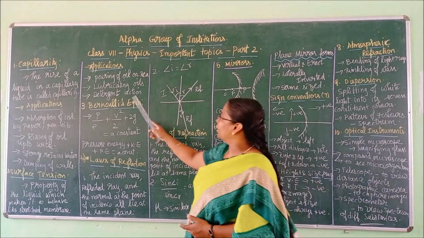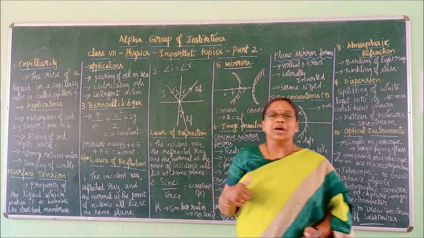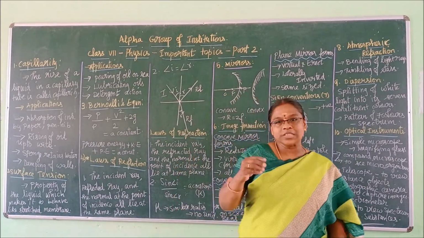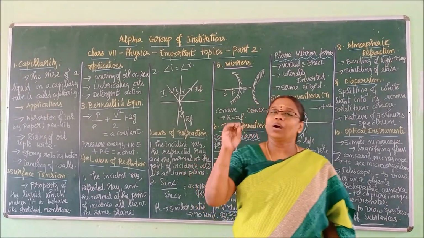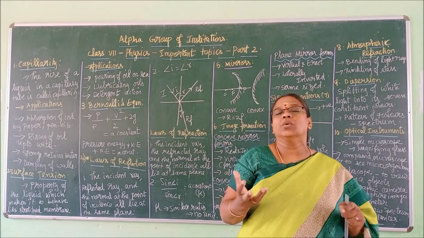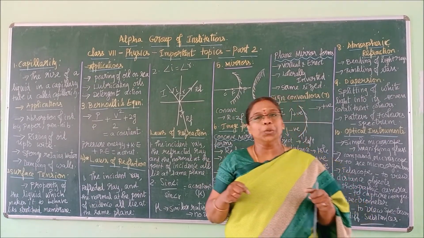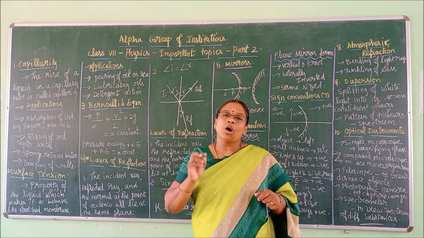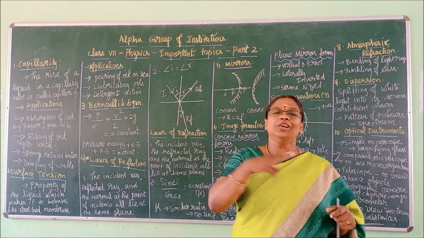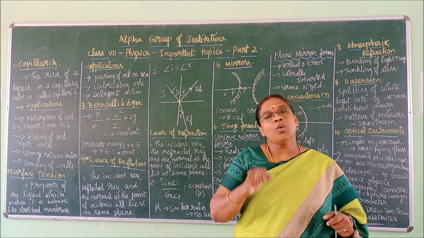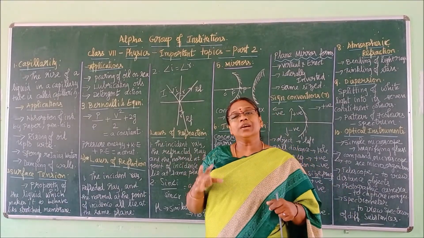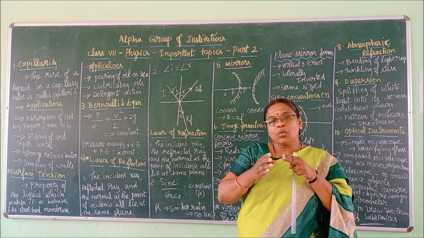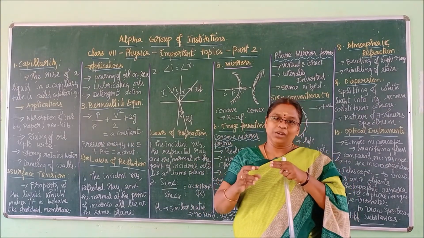Okay. Next one, detergent action. When tough stains are not removed, we use detergent powder. When we soak the dresses in detergent, what does it do? The water has a surface tension, but the water cannot penetrate deep into the dirt. So what happens when detergent is added? The surface tension of the water will be disturbed.